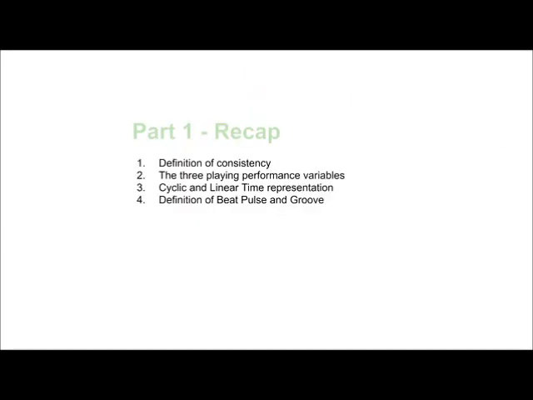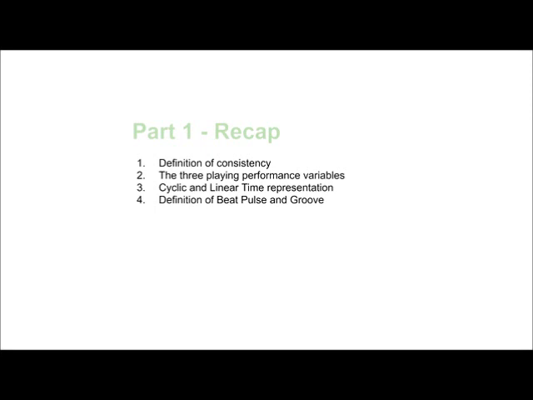Okay, so moving on, we've just covered the definition of consistency, the 3 playing performance variables, which are time, volume, and pitch, the cyclic and linear time representation, and then the definition of beat, pulse, and groove. So we know that the beat is the one at the top, and that happens wherever your foot lands.